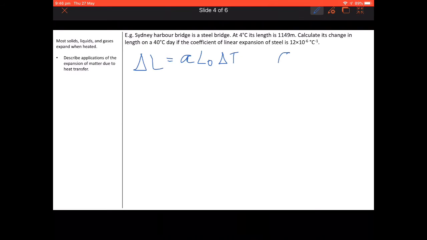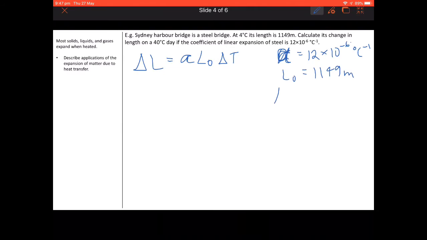Our coefficient of linear expansion is equal to 12 by 10 to the -6 per Celsius, and the original length is 1149 metres.